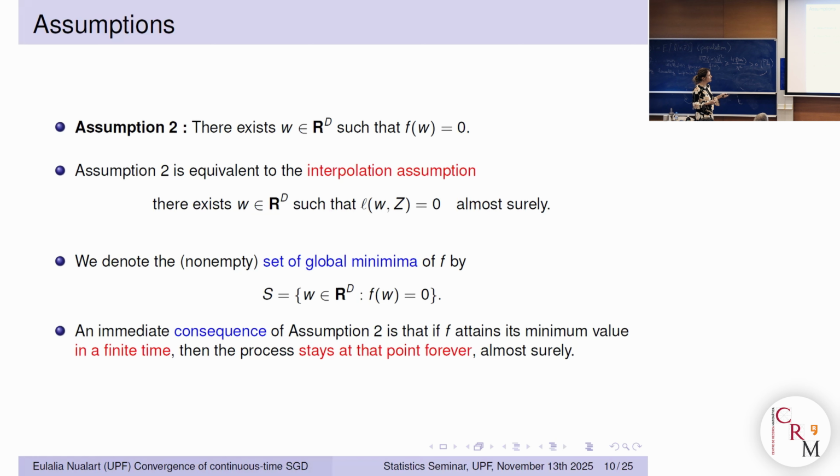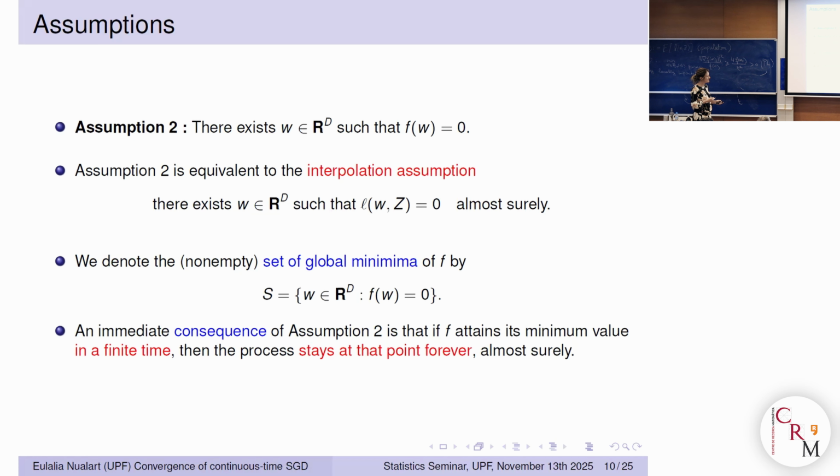If you don't put this assumption, the convergence is not to a single point; it will be around the minimum, and then it's a convergence in distribution to an invariant measure, and the problem is different. Here it's more general, and it's typically the case in practice, but already showing convergence to a point, assuming the existence of a global minimum, was challenging enough to start with as a first step.